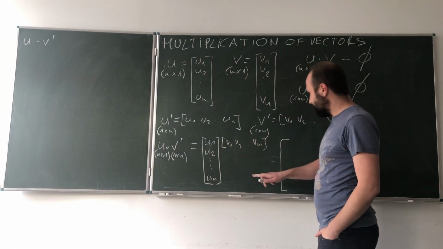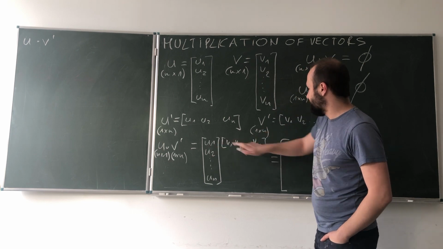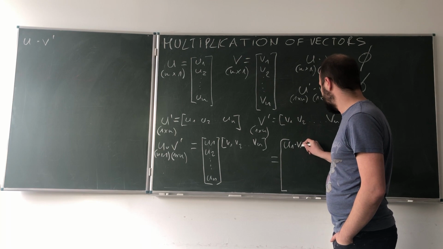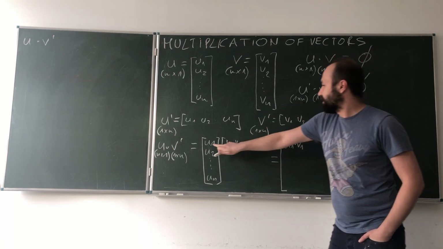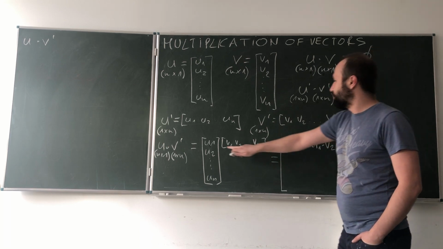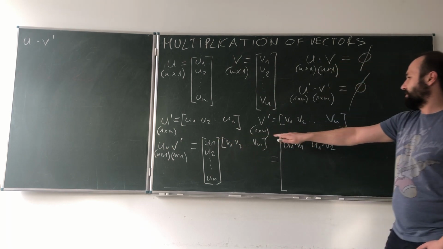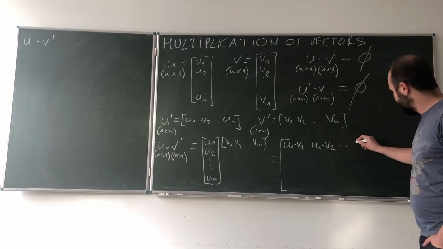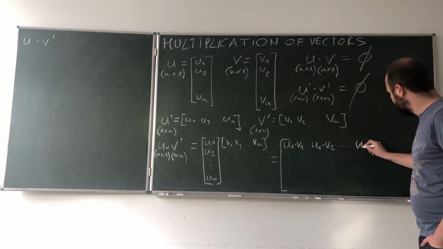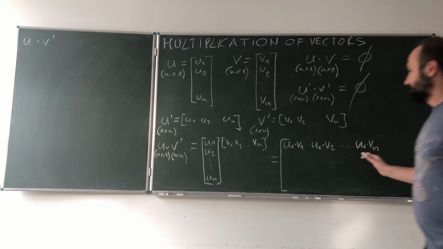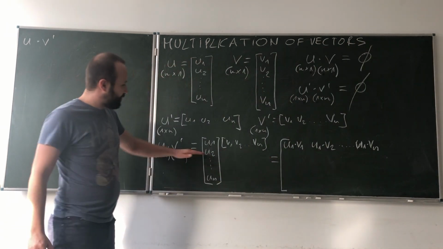So look, first I will multiply first row by first column, u1 times v1. And over here, first row by second column, u1 times v2. And so I will be multiplying u1 by v1, v2, v3 until vn. I would get u1 vn. And now I need to just do the same thing, but for the second row.